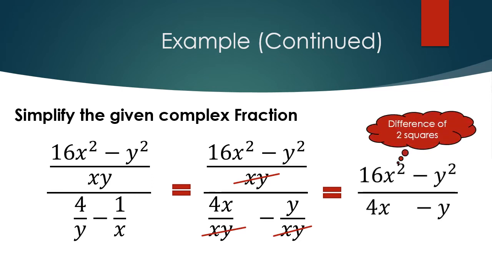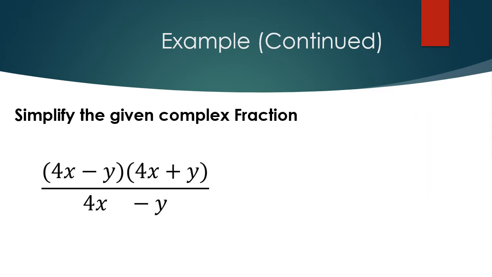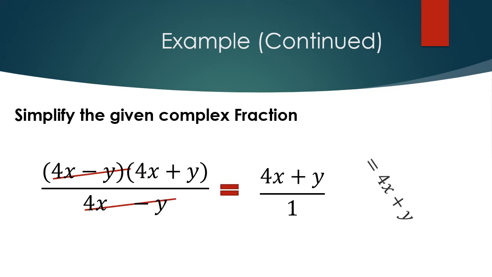Now the top part is a difference of 2 squares, so we need to rewrite this one as a difference of 2 squares. And then 4x minus y can be cancelled. Therefore, the answer is 4x plus y.